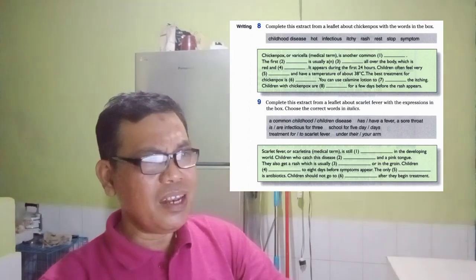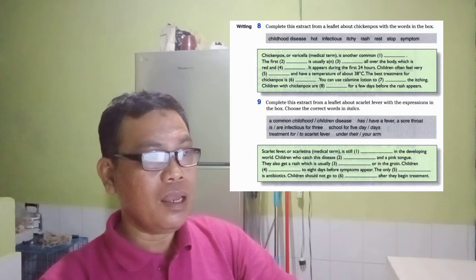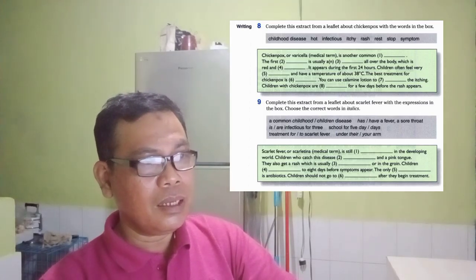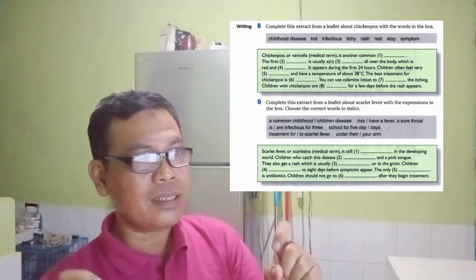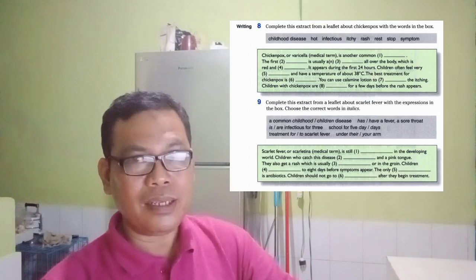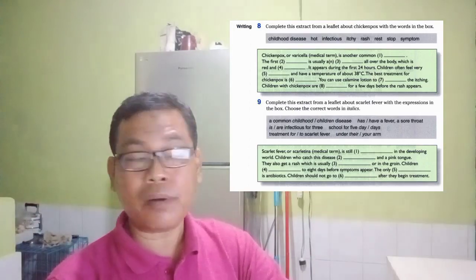Choose the correct word in italics. So here, for example, a common childhood, and then childhood is in italics, and children disease. So childhood and children are in italics. Now you have to choose which one is the correct one.